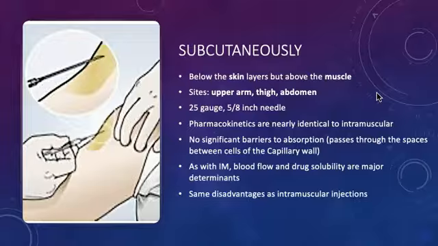As with any kind of IM injection, you have to think about where the blood flow is, what the drug solubility is, and whether there are any other major determinants that potentially could cause problems. There are some of the same disadvantages of sub-Q administration as there are with IM injections.